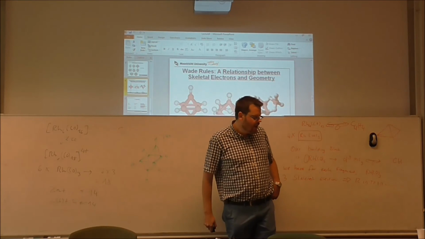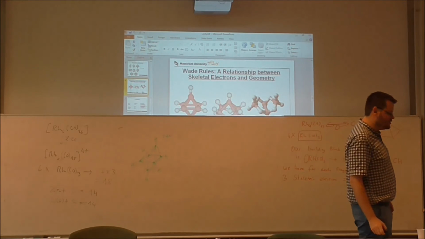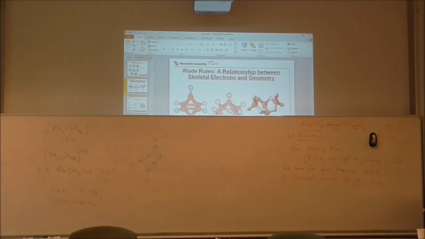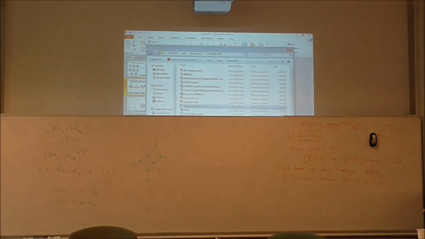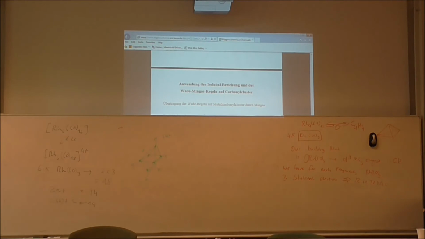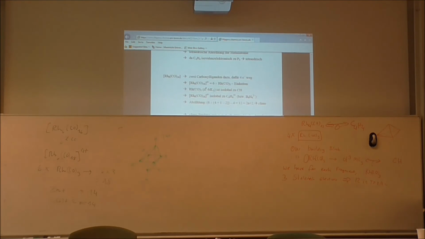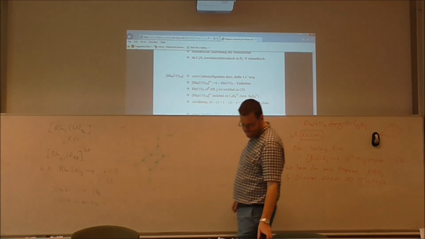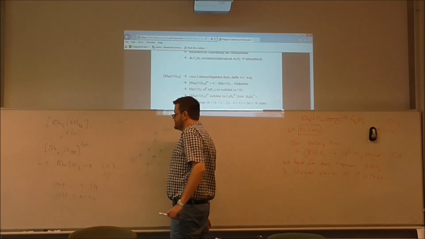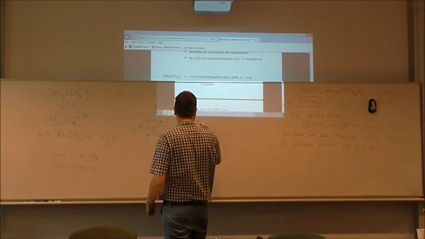That's the point. Now, I want us to do one example together. I'm not going to give you the solution. I want you guys to do this. This is a very cool cluster. Os8(CO)23. So an octanuclear cluster.